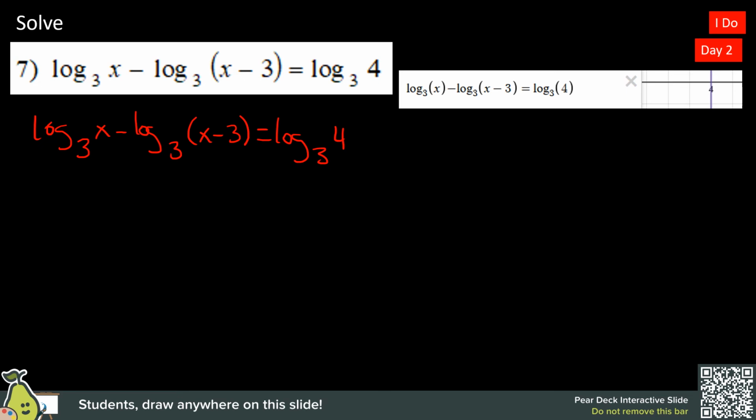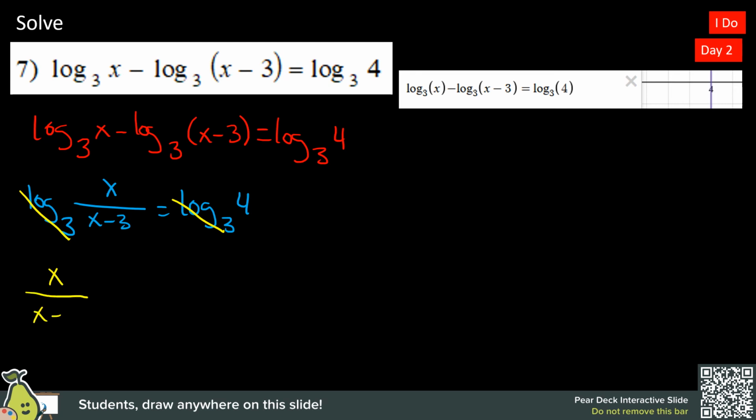So we want to combine these. Using the quotient rule, we're going to have log base 3 of x over x minus 3 equals log base 3 of 4. Now we can drop these logarithms because they are common logs, and we could say x over x minus 3 equals 4.